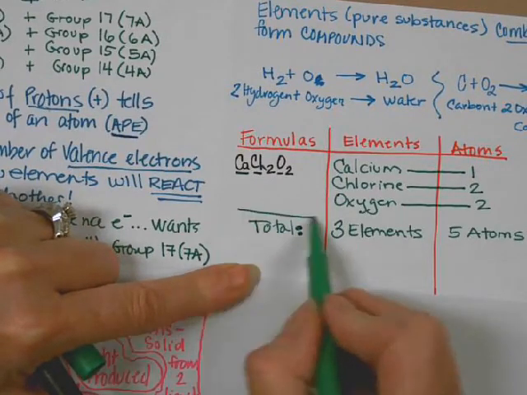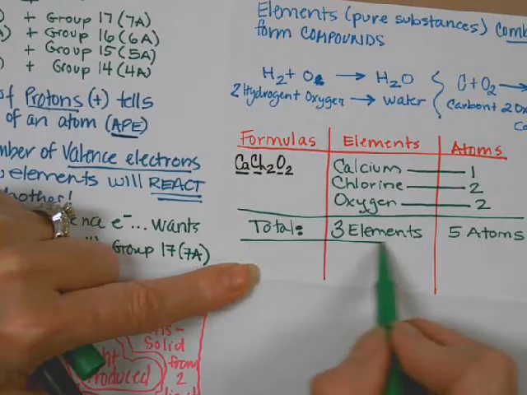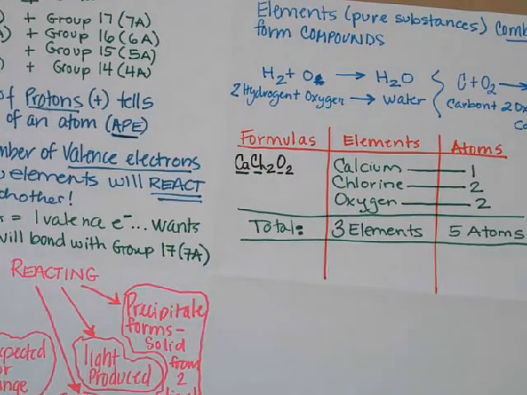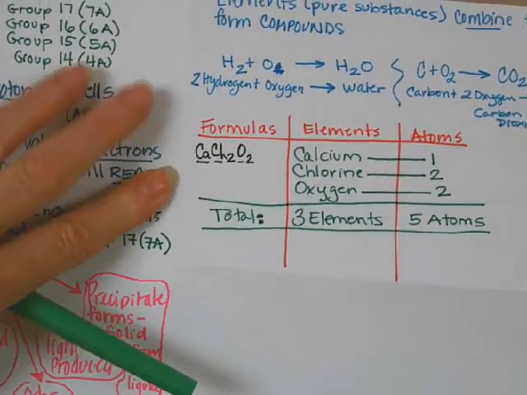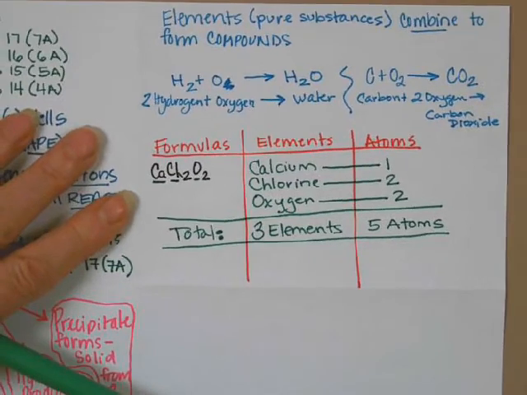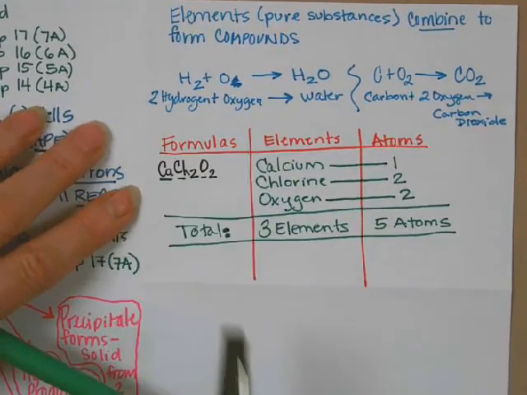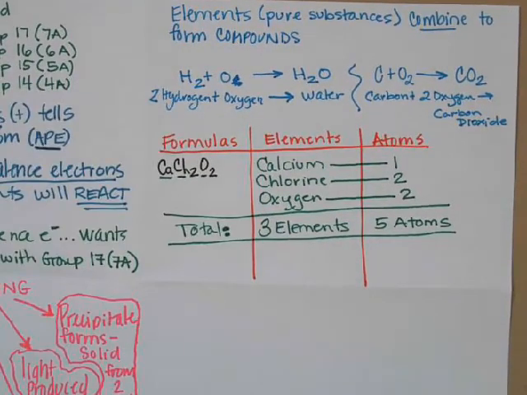Okay. So what about if they asked you how many atoms of oxygen are in CaCl2O2? Well, there are 2 atoms of oxygen, right? You know that because of the subscript 2 that follows. How are we doing so far? Is everybody okay?